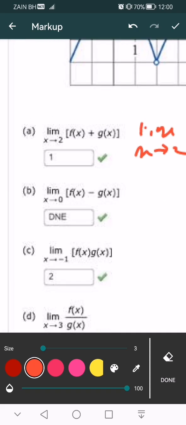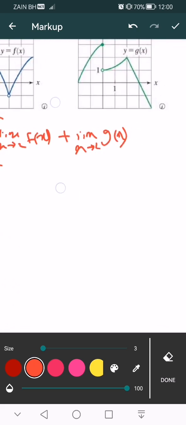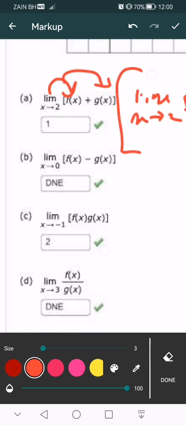What I have to do is open the bracket and simplify, giving or multiplying, or put the limit inside the bracket. This is the basic way that I have to do: for each function, the limit of it. So the limit as x goes to 2 for f of x.